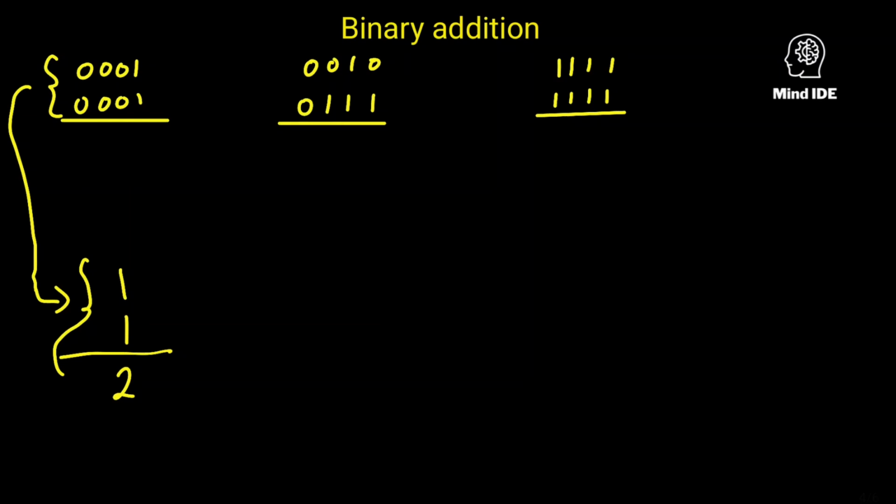Okay. So all you got to do when you do binary addition, it's really quite simple, is keep your rollover. So 1 and 1 is 0, 1 plus 0 is 1, 0 plus 0 is 0, 0 plus 0 is 0.